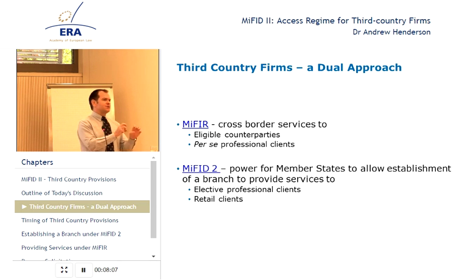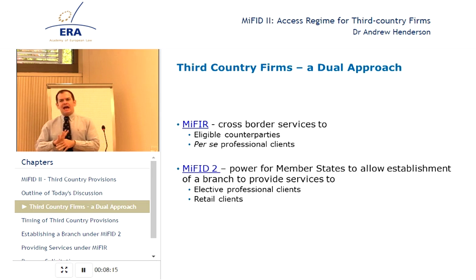But I mentioned at the outset this taxonomy, if you will, around the way that the third country provisions will operate. And there's this distinction drawn, as I say, between services that will be provided to eligible counterparties and per se professional clients on the one hand, and then those that will be provided to elected professionals or retail clients on the other hand.